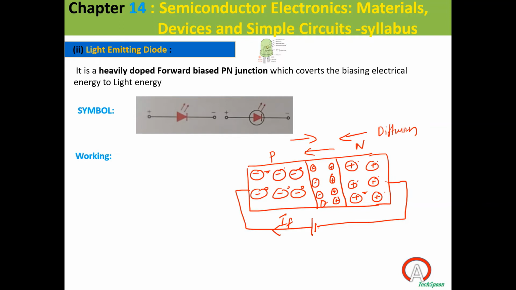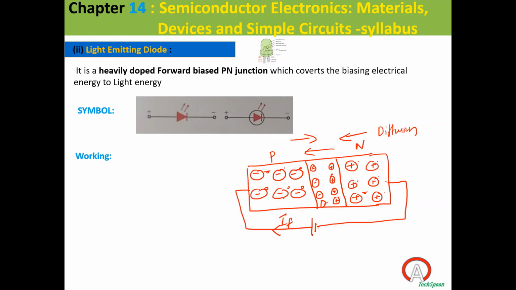Conventional current direction is opposite to electron flow. That we know. Now just think: from this N region, a lot of electrons are crossing this junction and reaching the P portion of the PN junction. Then is there any chance of recombination?